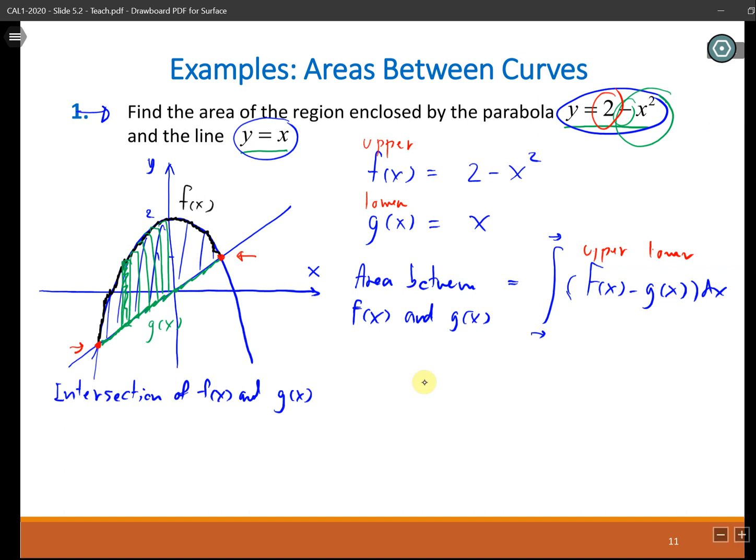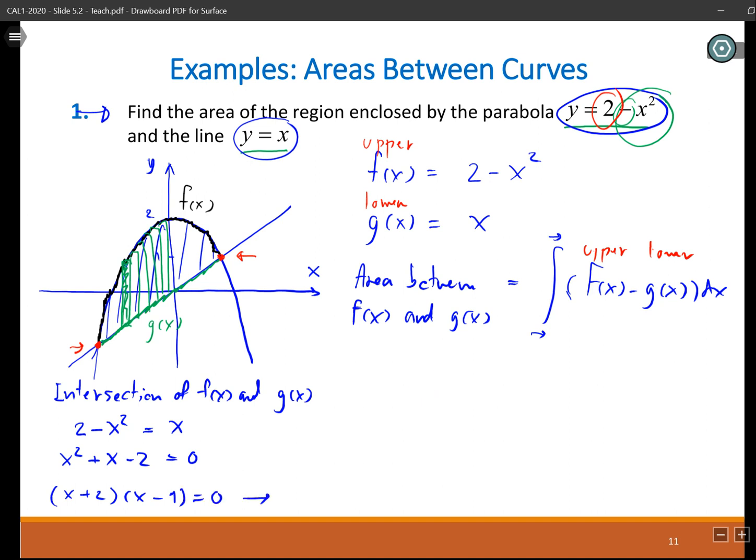The first curve is 2 minus x squared. The other equation is x. So we can move things around, and we have x squared plus x minus 2 equal to 0. Do some factorization. We have (x plus 2)(x minus 1) equal to 0.